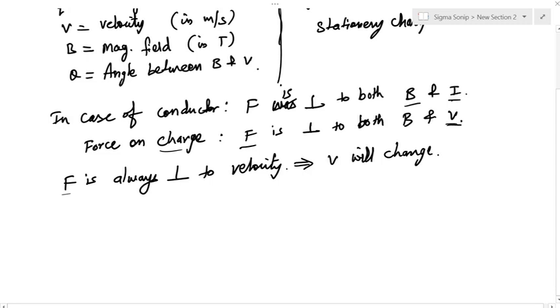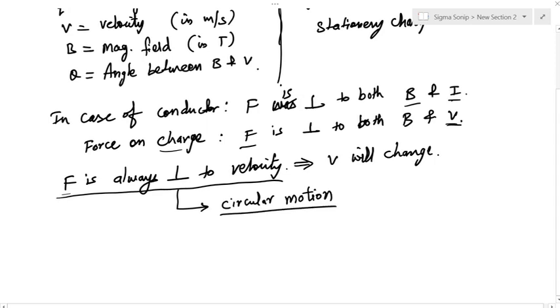And we know that the kind of motion in which force is always perpendicular to velocity is always circular motion.